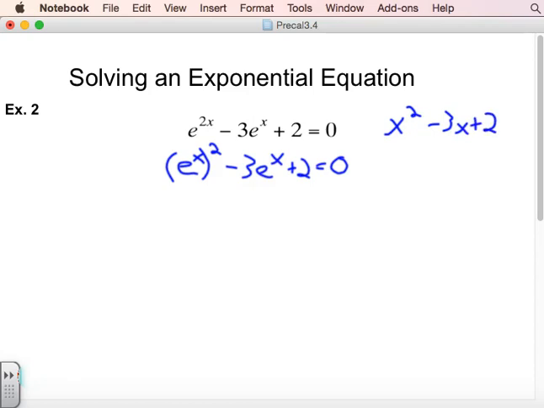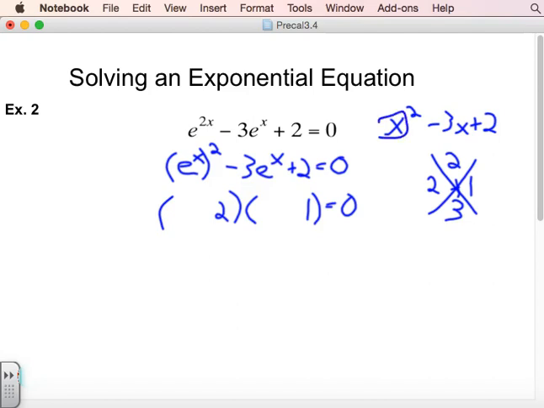Well, I would have to solve that equation by factoring, right? Because I've got something squared minus a constant times that same something. So I'm going to factor that using my x-box method. Well, multiplies to be 2 and adds up to 3. Well, that's 2 and 1. So I'm going to, in parentheses, put a 2 and a 1. And in front of the parentheses, I'm going to put whatever that something is that was being squared.